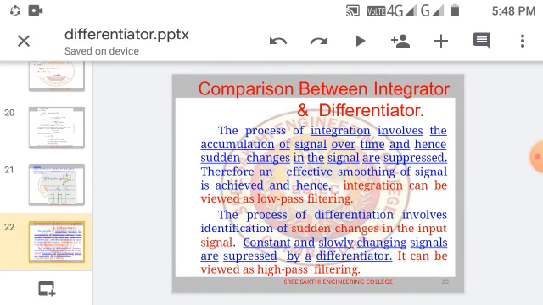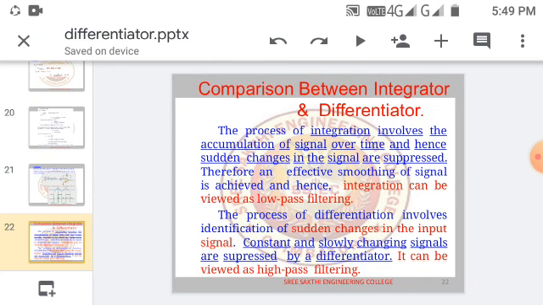You can accumulate the signal for a particular interval of time, and hence when there is a sudden change, the change gets suppressed. So you get a smoothing of the signal by using an integrator. That's why I call it low pass filtering.